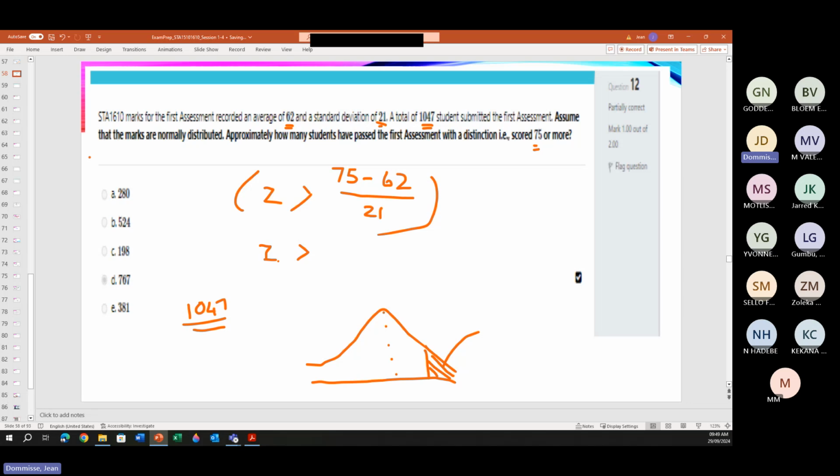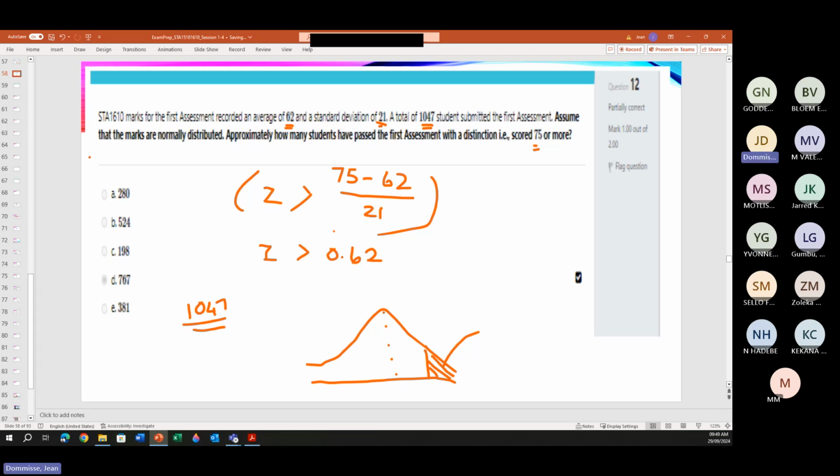So let's see. 75 minus 62 is 13. 13 divided by 21. Z bigger than 0.619. So let's make it 0.62.